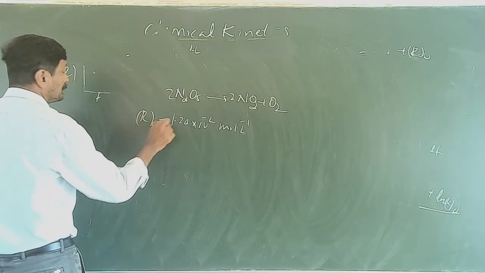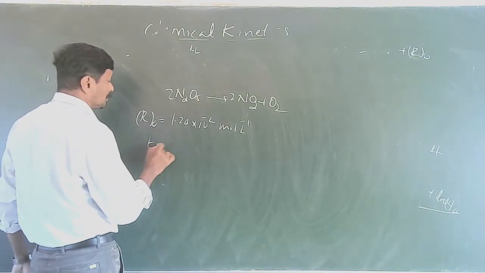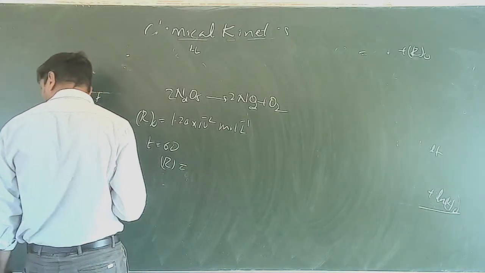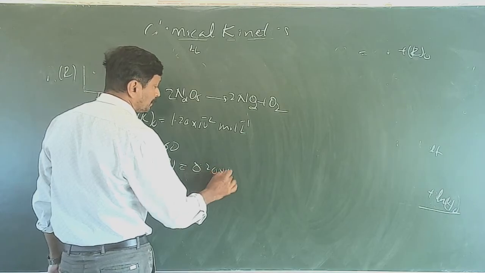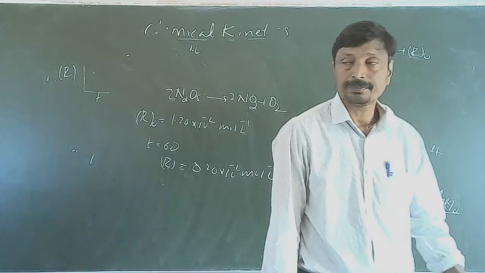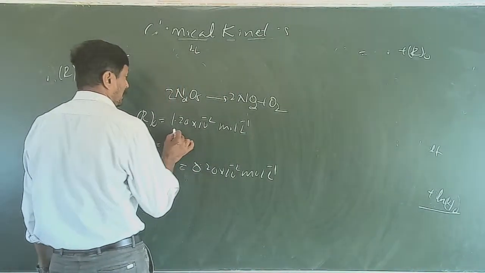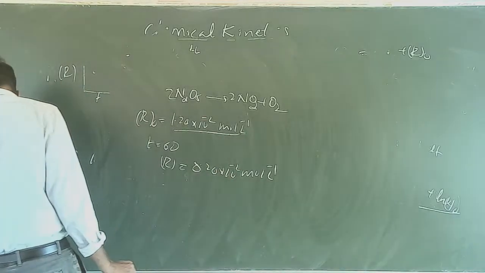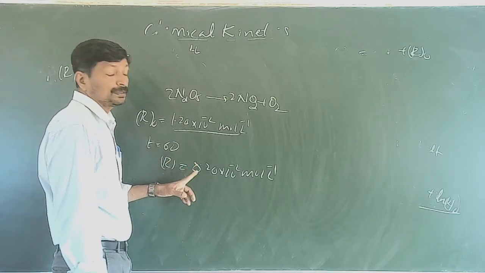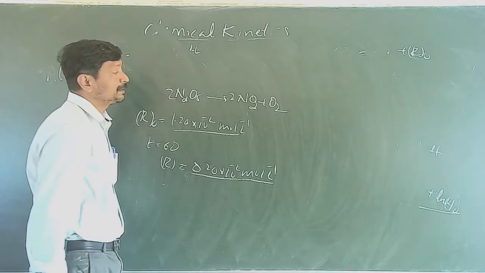After the 60th minute, t is equal to 60 and R, the concentration at the 60th minute, is given as 0.20 into 10 to the power of minus 2 moles per liter. For this first order reaction, the initial concentration and the concentration at the 60th minute are given. We are asked to calculate K.